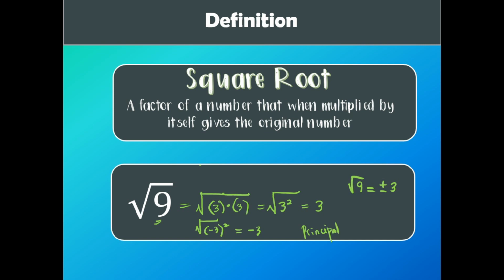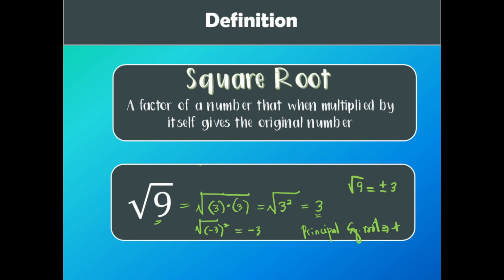Okay? So, pag principal square root ang hinahanap natin, yung answer nito will be the positive. For example, I will ask you what is the principal square root of 9. So, yung magiging answer nyo will be positive 3. If naman, sabihin ko lang what is the square root of 9, so there will be two answers. So, positive or negative 3.